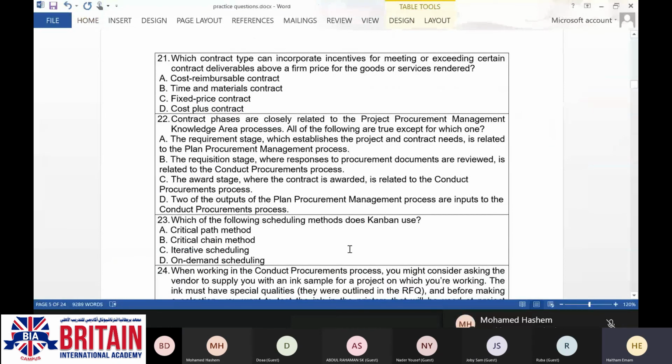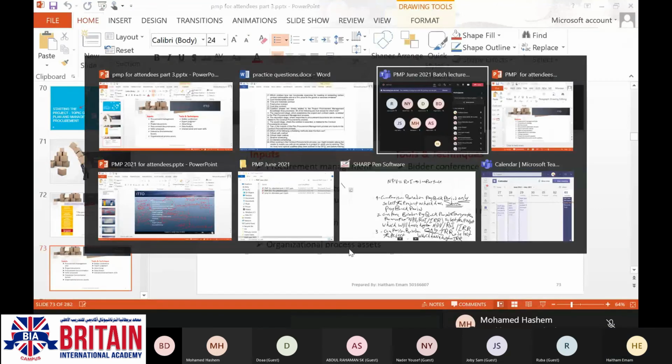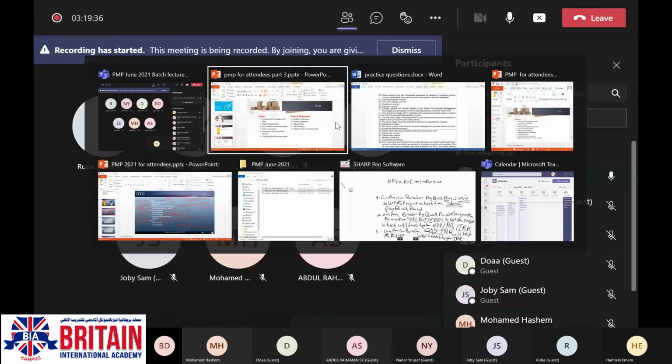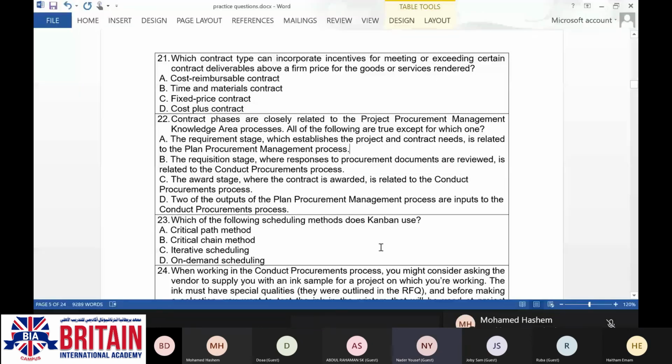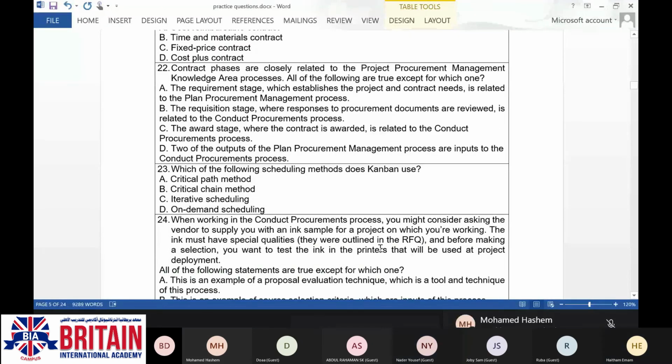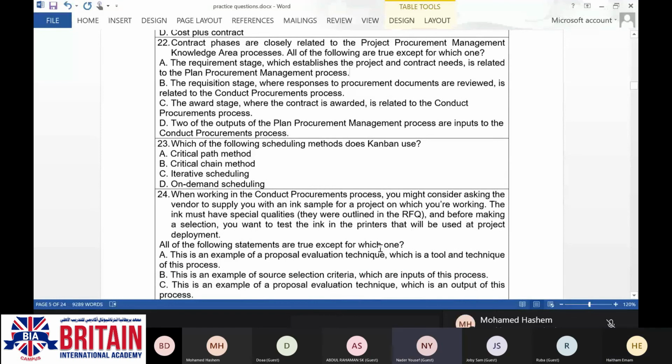Okay. Now, question number 23. Let me ask Nader. Yes, Haitham. Question number 23. Which of the following scheduling methods does Kanban use? Critical path method? No. Critical chain method? No. Iterative scheduling?